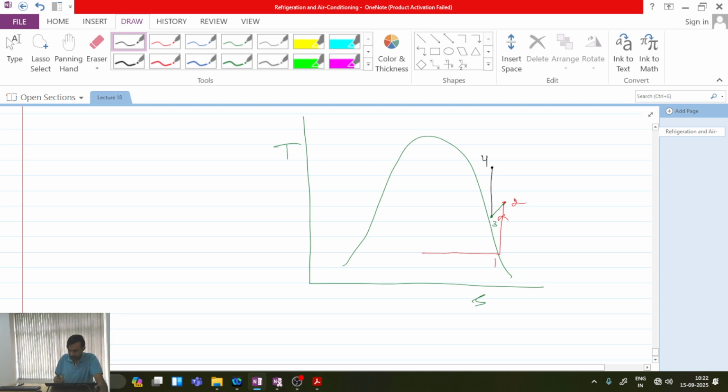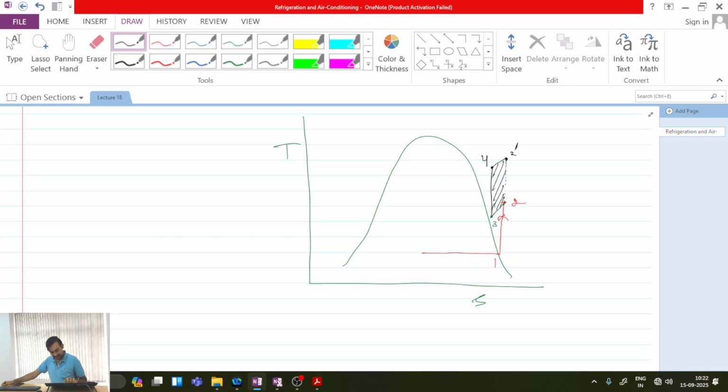If I don't use intercooling, then point 2 would have directly extended to a higher pressure at point 2 dash. So it means intercooling led to savings in this much amount of work. This you have to represent. That was the question. Understood?